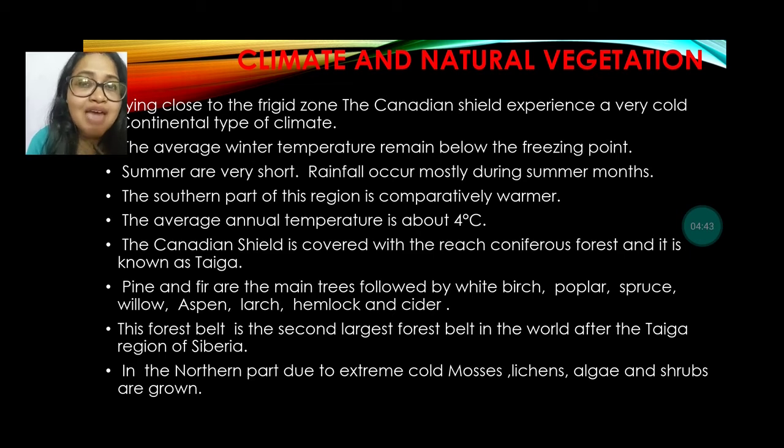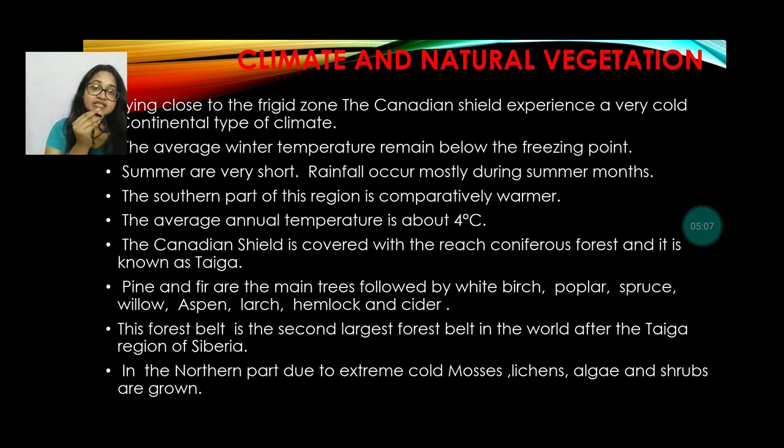Summers are very short, and rainfall mainly occurs in the summer season. The southern part of this region is comparatively warmer, and the average temperature of this region is 4 degrees centigrade.